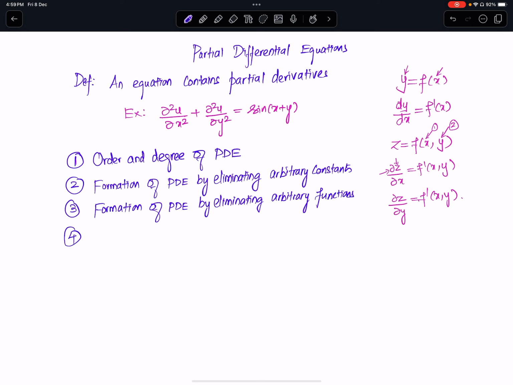And the fourth topic is the classification of second order PDEs. The classification of second order PDEs. Okay, so we will go one by one.